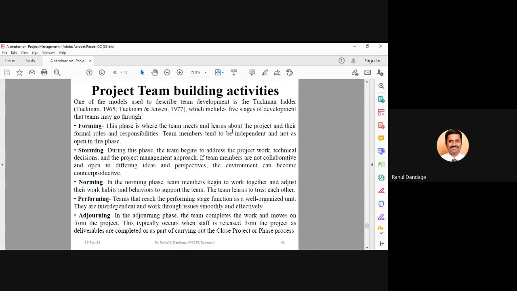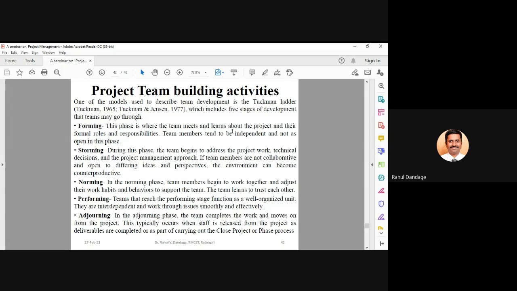But still, as a team, they need to work with that person. So people will start understanding that they need to adjust their work habits and behavior so that the team does not get hampered. Their behavior should not disturb the teamwork. They should support the team by adjusting their work habits and behaviors.